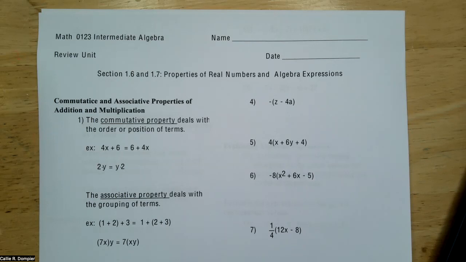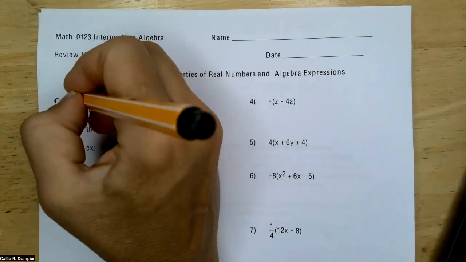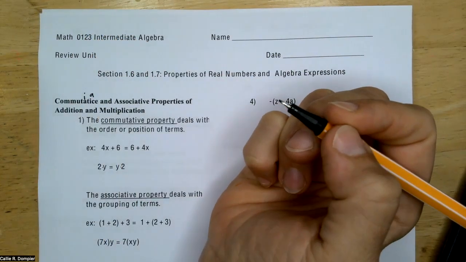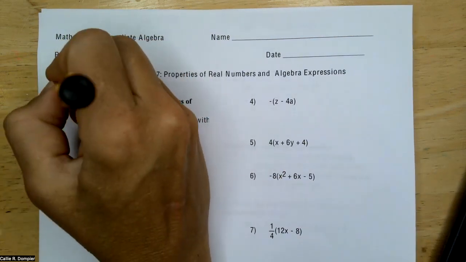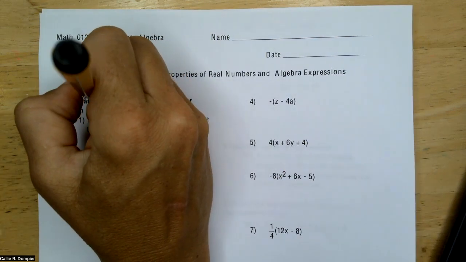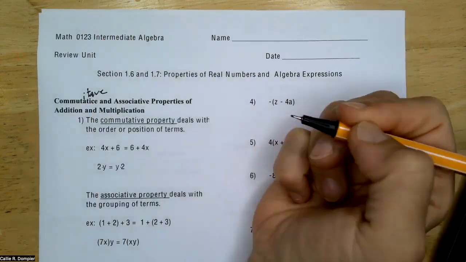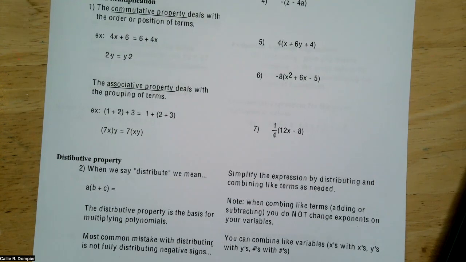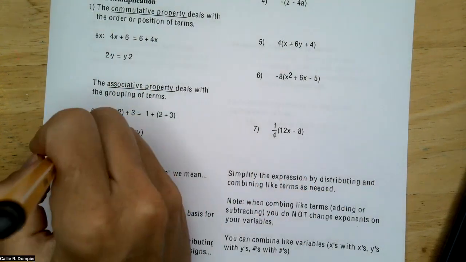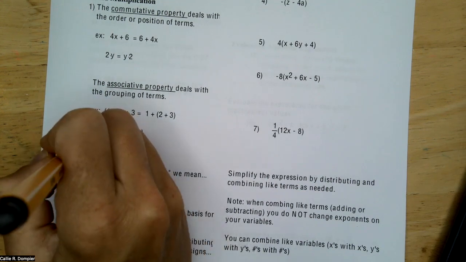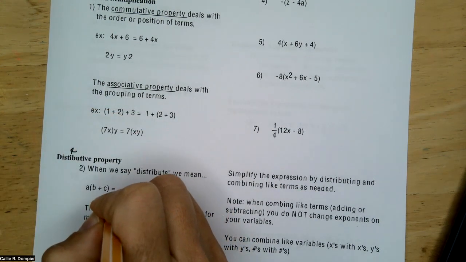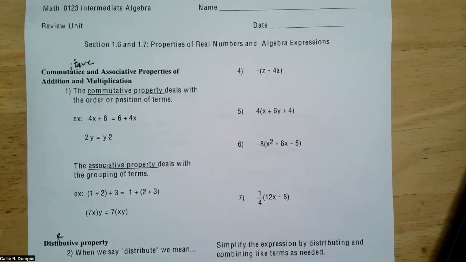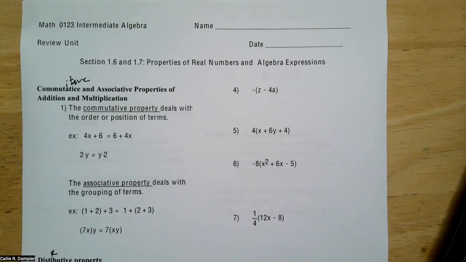There are some weird spellings in this. This is the commutative and associative properties of addition and multiplication. And then we have the distributive property. Okay, that's how they spell them, not that it matters.